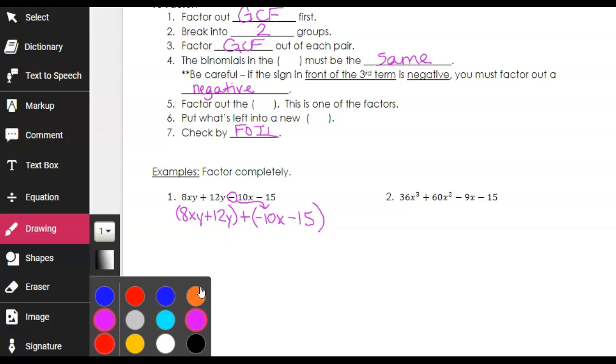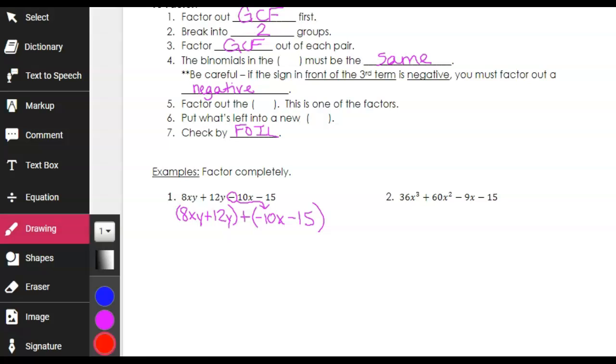And the reason why, and I'll erase this in a moment, so don't write what I'm writing in red, is if you were to have written 8xy plus 12y minus, and then in this set of parentheses, 10x minus 15. We've talked about what it means to have a minus sign outside of parentheses, and that means you should distribute to every term inside of the parentheses.